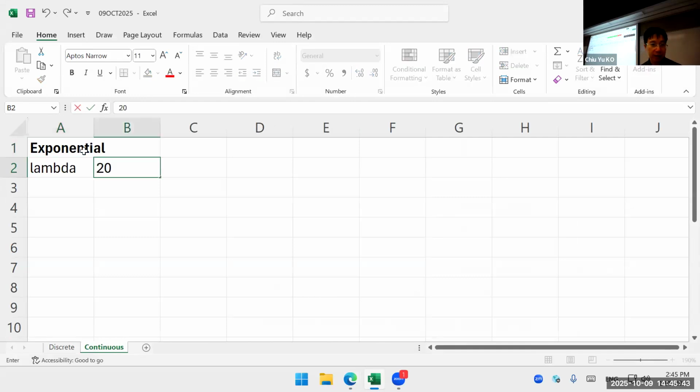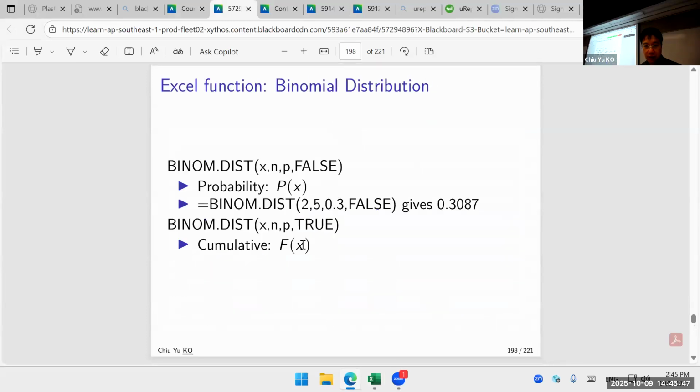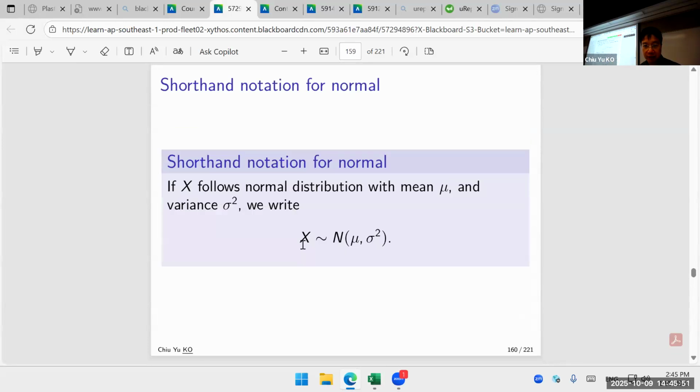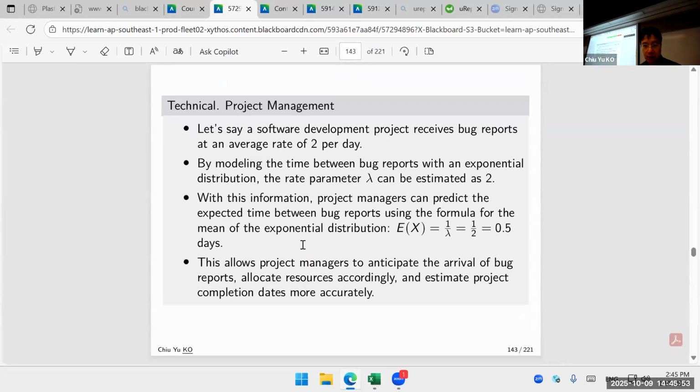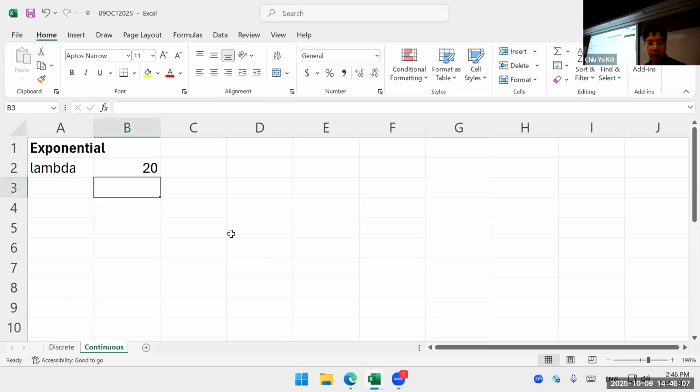It's 20. Remember the question: 20 is how many minutes, how much time until the first thing arrives.